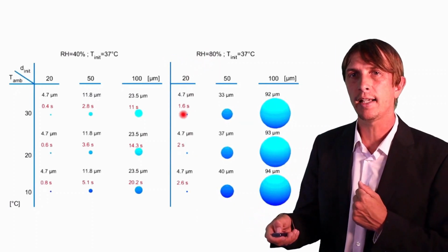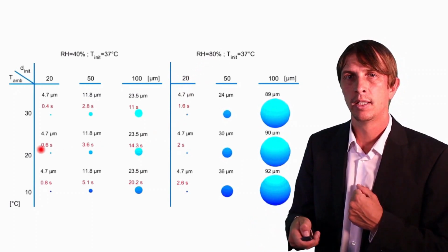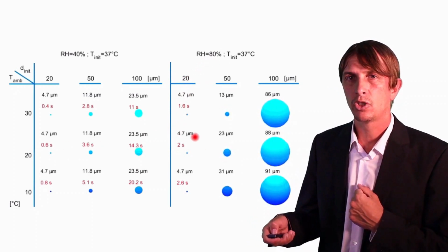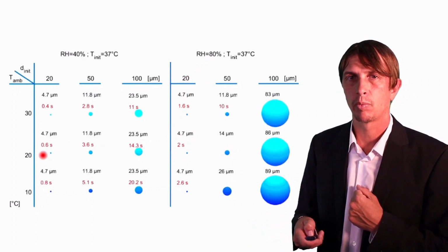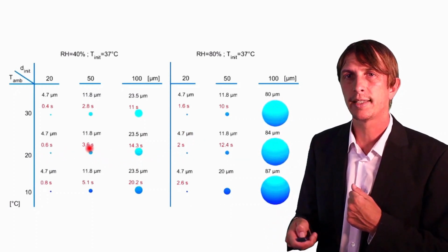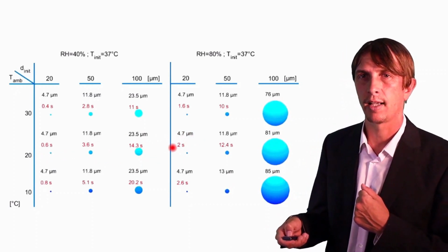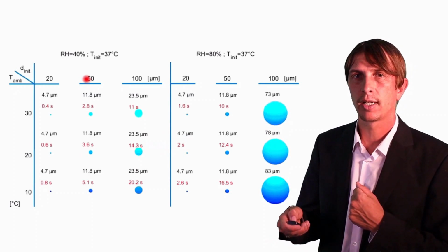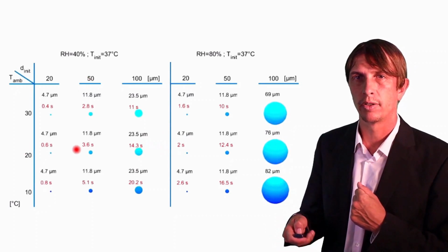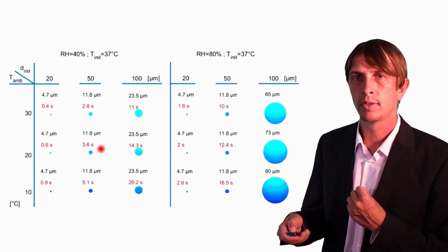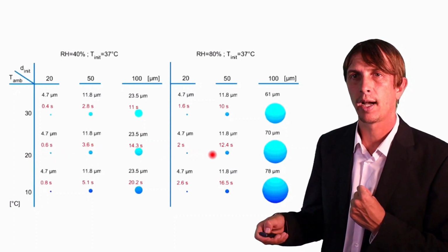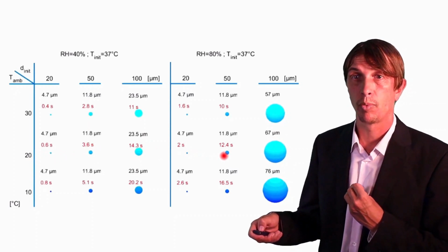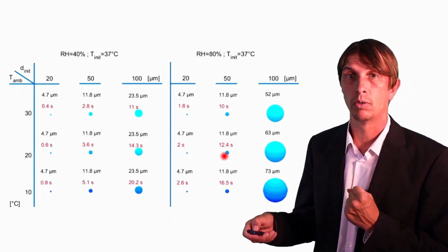And in this case, the 20 microns at 20 degrees is reaching 2 seconds instead of 0.6. It's more than 3 times slower in this case, right? If now we look at the 50 microns, at 20 degrees, from 3.6, we are reaching 12.4, so nearly 4 times longer.